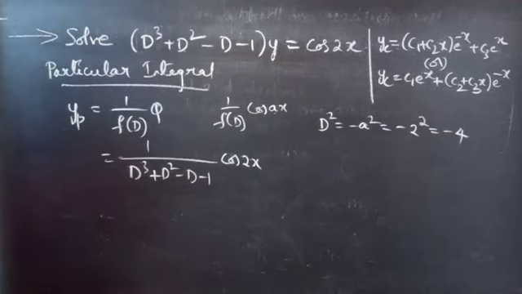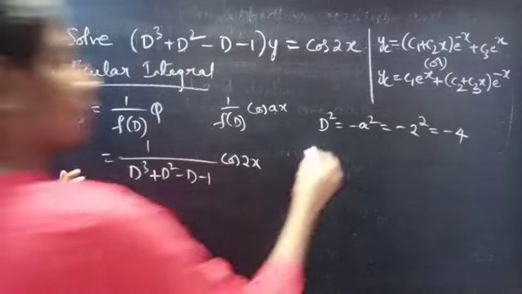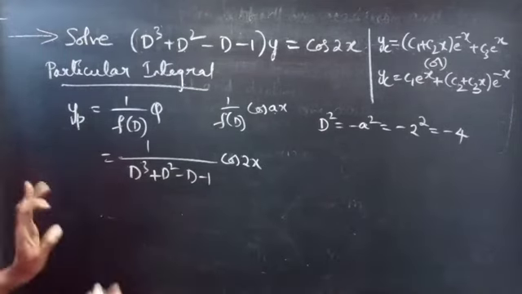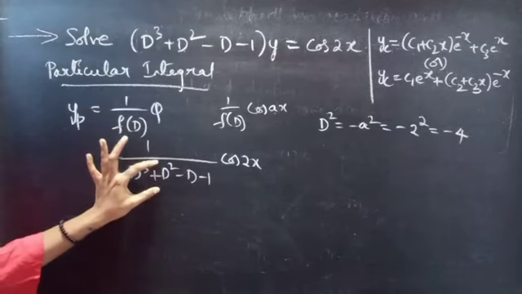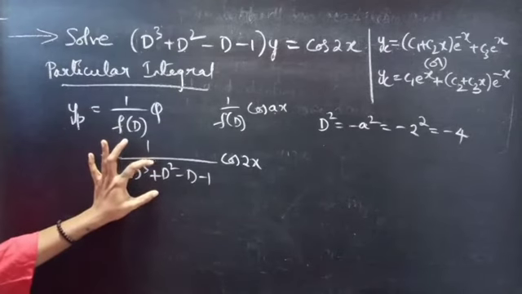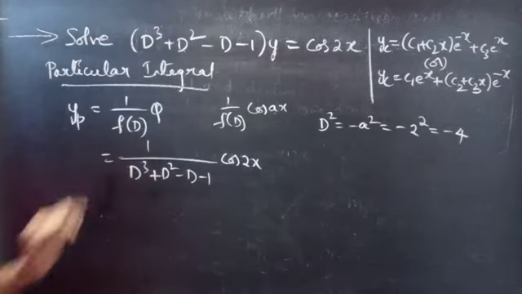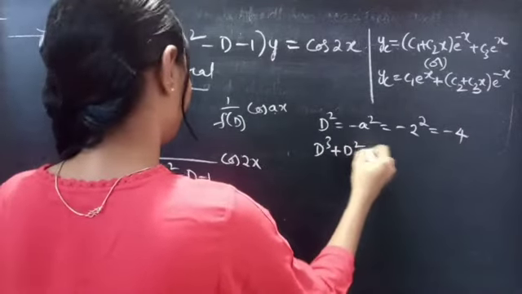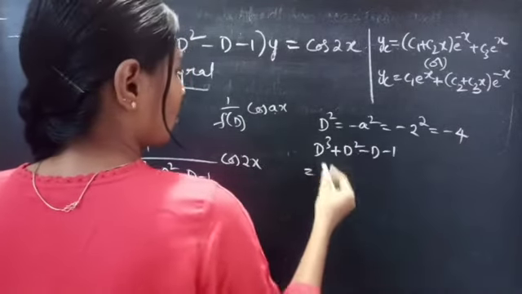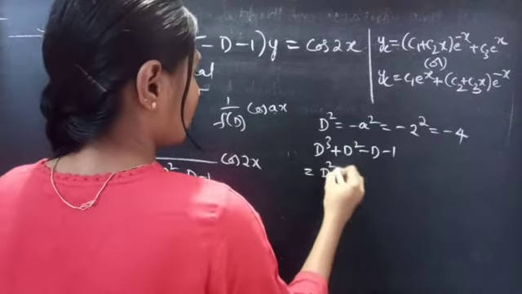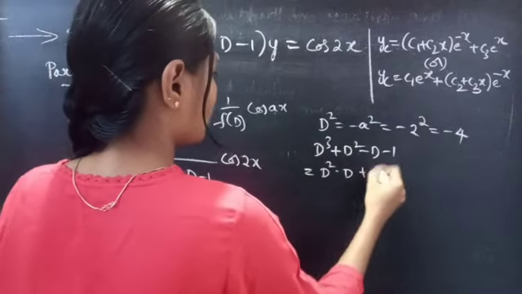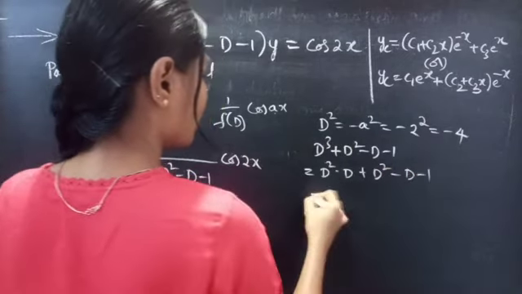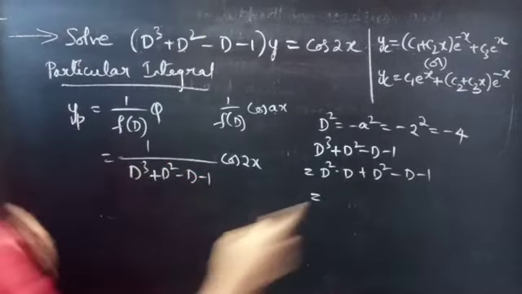Now, consider f of d, the denominator part. Always we have to get the denominator not equals to 0. The denominator must be not equals to 0. Okay? Consider the denominator. We can write d cube as d square into d plus d square minus d minus 1. Now let's replace d square by minus 4.